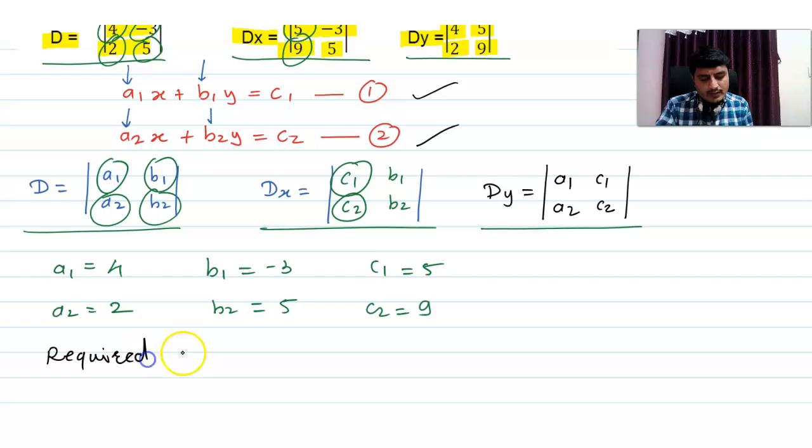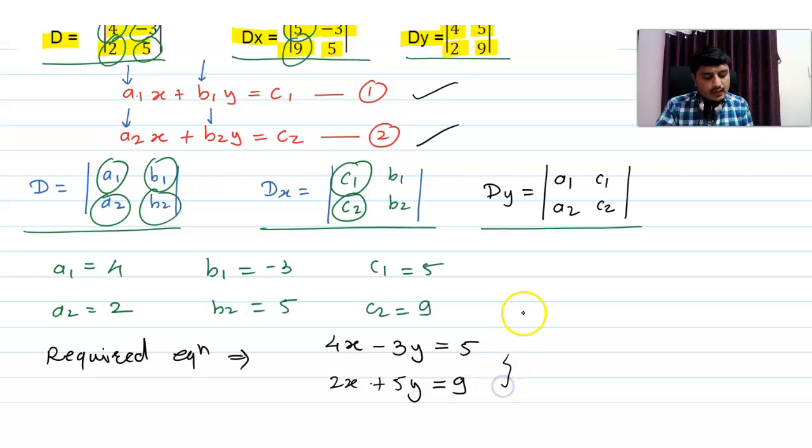Now we can write the required simultaneous equations in two variables. From equations 1 and 2, the simultaneous linear equations in two variables are of the form: a1 is 4, so 4 times x, b1 is minus 3, so plus minus 3 times y, equals c1 which is 5, and next a2 becomes 2, so 2x, then b2 is 5, so plus 5y, equals c2 which is 9.